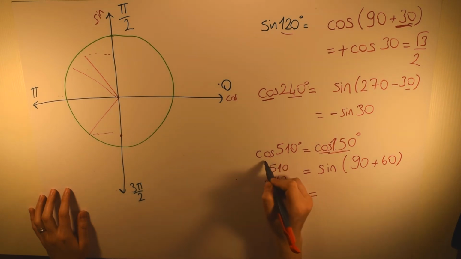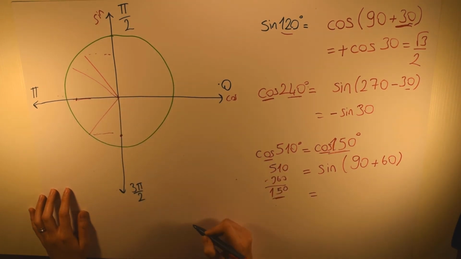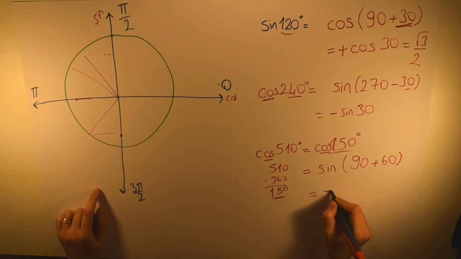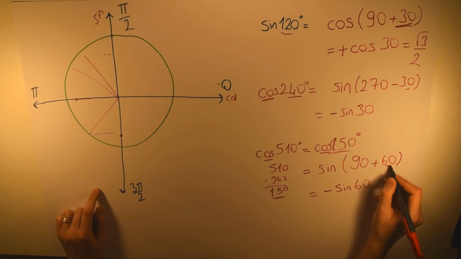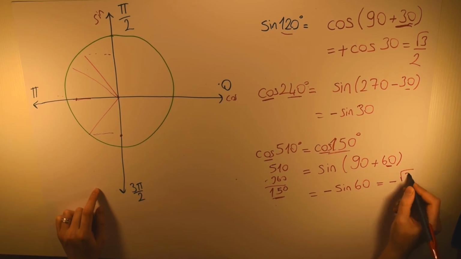When we look, the cosine is here on the negative side, so it is negative. So it will be minus sine 60. We need this part, right? Which is equal to minus square root of 3 over 2.